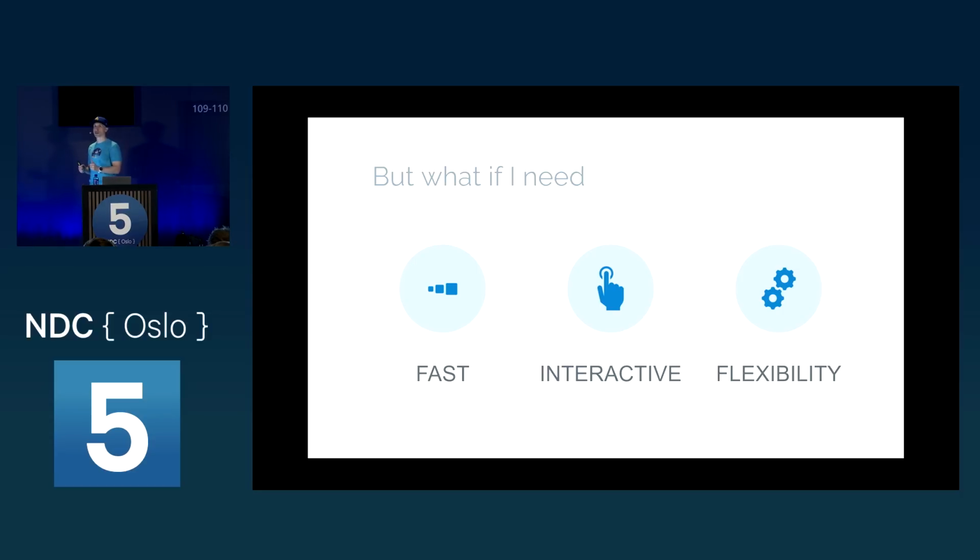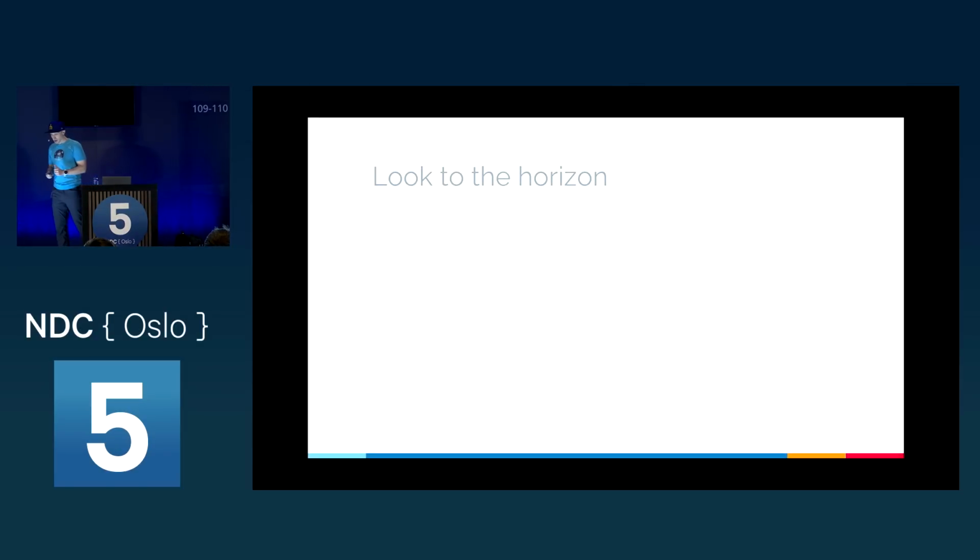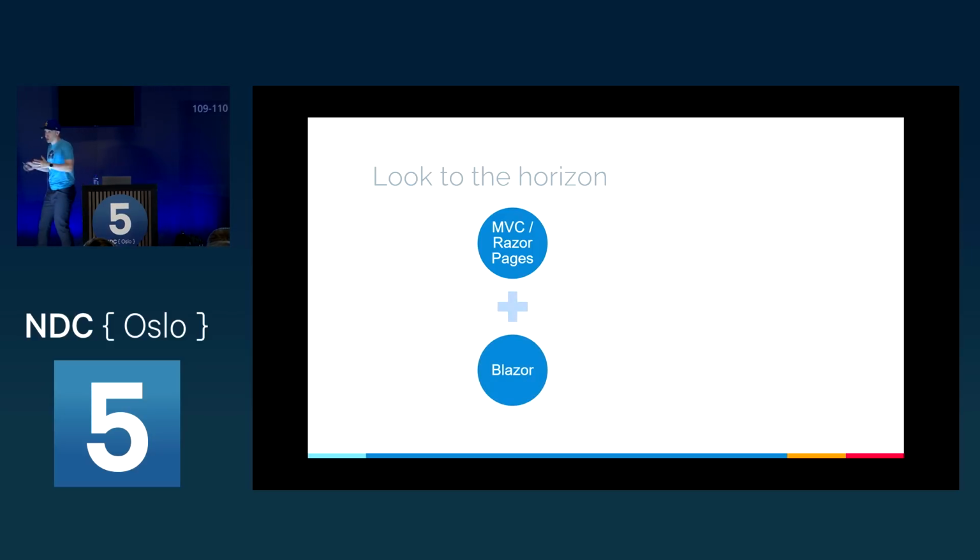Great for search engine optimization, for instance. So the question becomes, what if you need the server-side rendering experience of MVC and Razor pages, but you also want Blazor? You're stuck, right? You're like, oh, I got to go back to JavaScript.